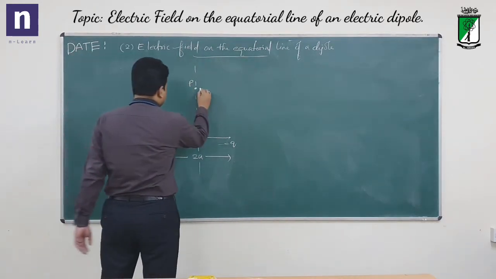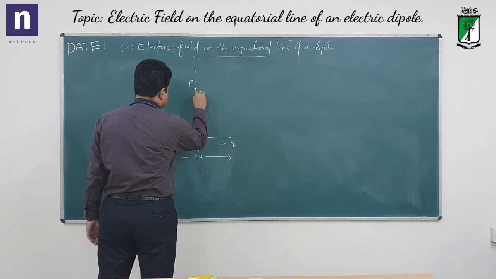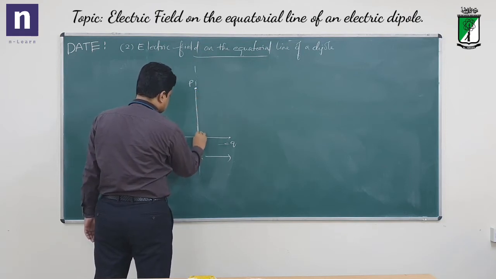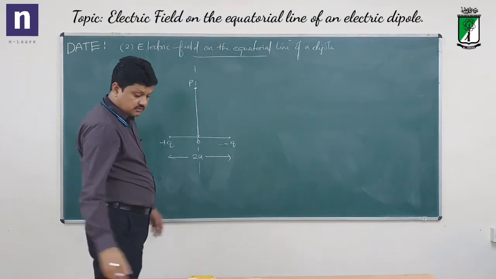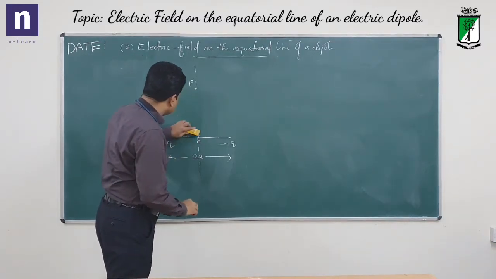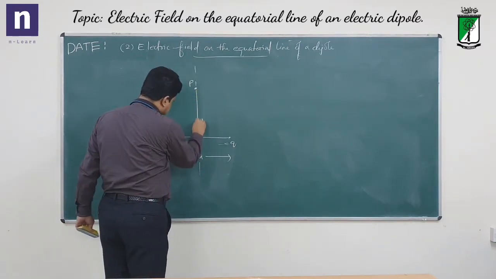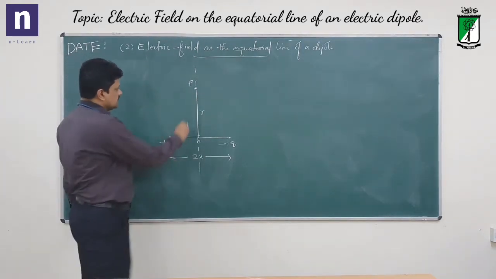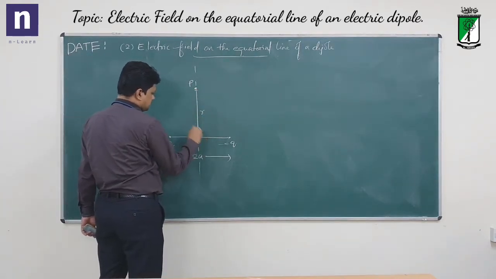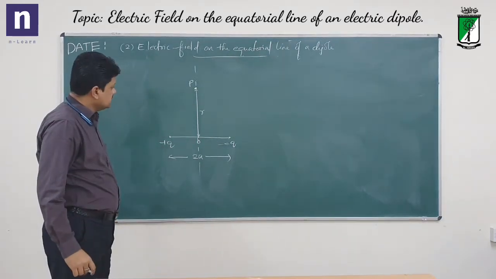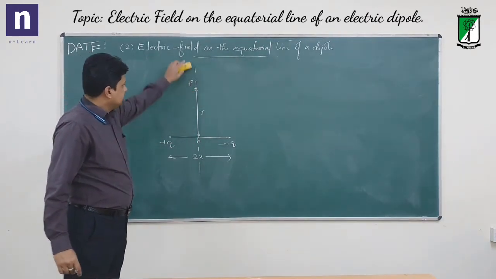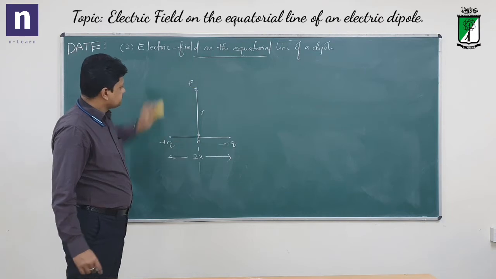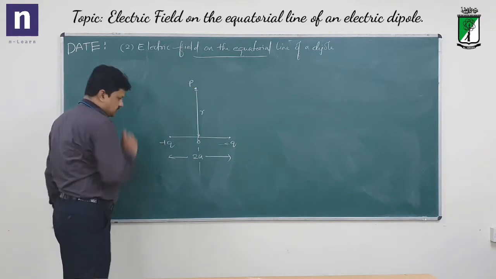Now the distance of this point P from the center of the dipole, I will take as r. Let r be the distance from center to P. Then at point P, what is the electric field due to plus q?